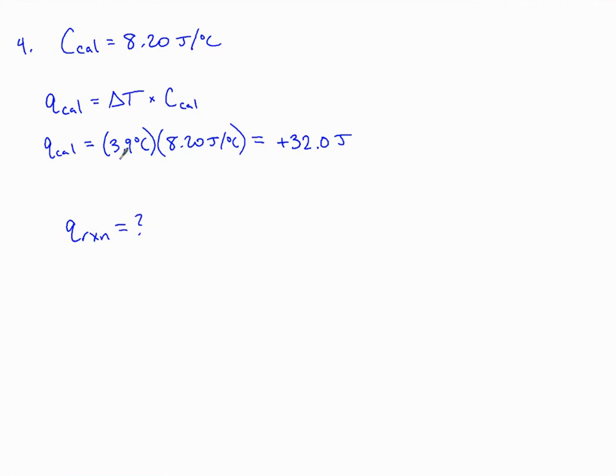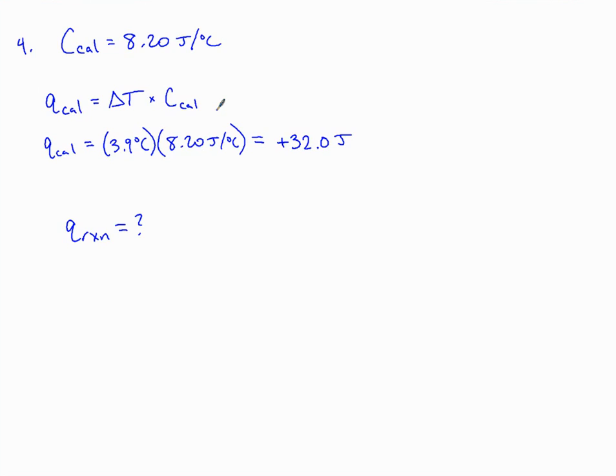So if you figure we lost 8.20 joules per every 1 degree increase, we multiply these together. Q for the calorimeter is the change in temperature times C for the calorimeter, the specific heat of the calorimeter.